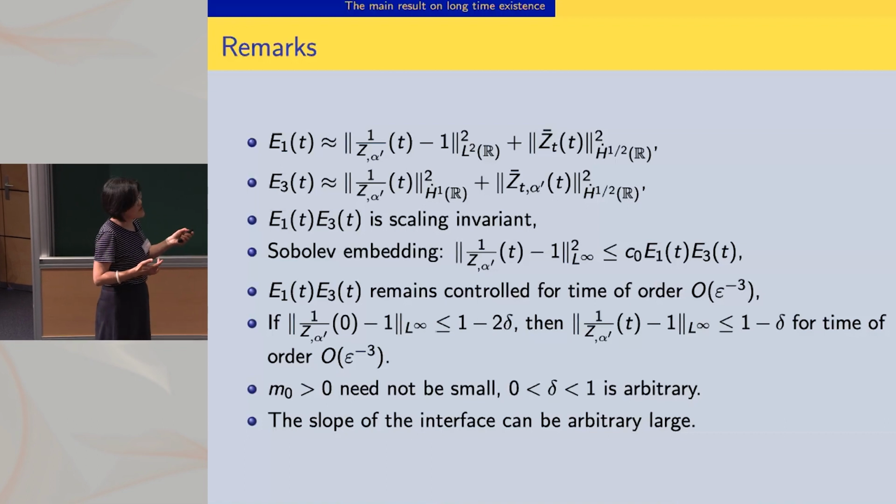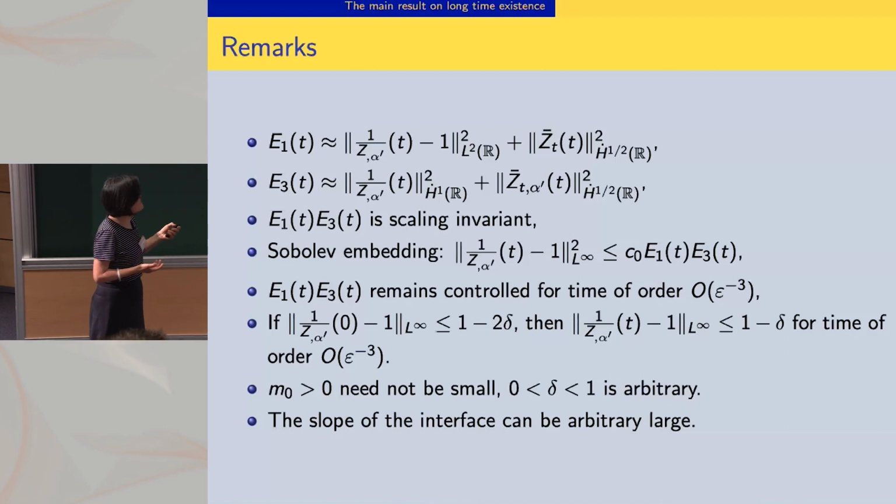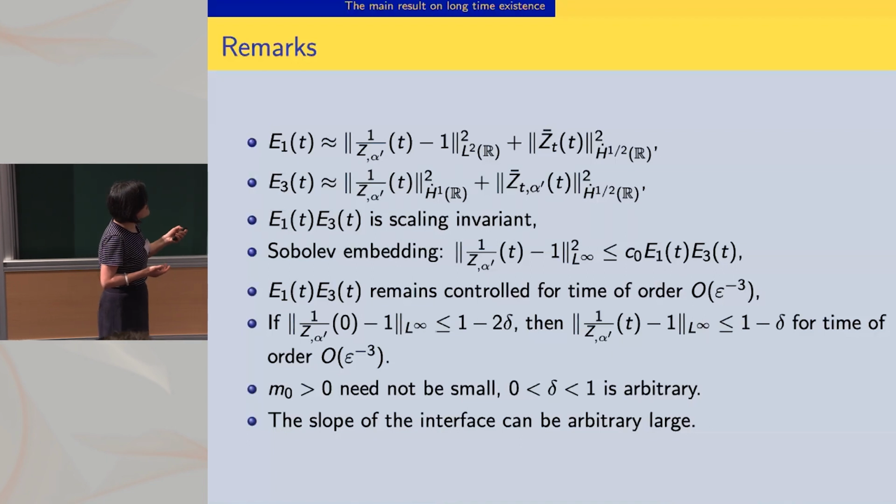We cannot do it directly because this quantity is not directly constructed in the sequence. So we use Sobolev embedding. We know this can be bounded by a universal constant times these three. This means I'm able to control E1 and E3 for time of order epsilon minus 3.